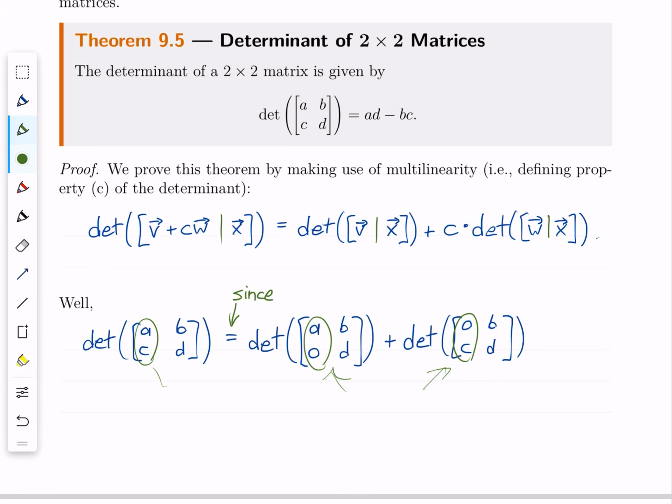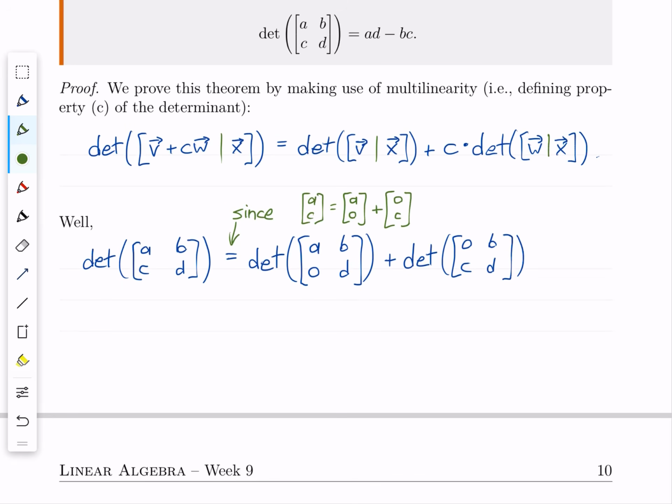So that's how the determinant splits up. You can take that linear combination outside of the determinant, and all other columns in the matrix you just leave alone. That's just B, D everywhere. Again, remember the determinant is multilinear, not linear. So this works since that first column, A, C, is A, 0 plus 0, C. So you can split up the determinant like that.